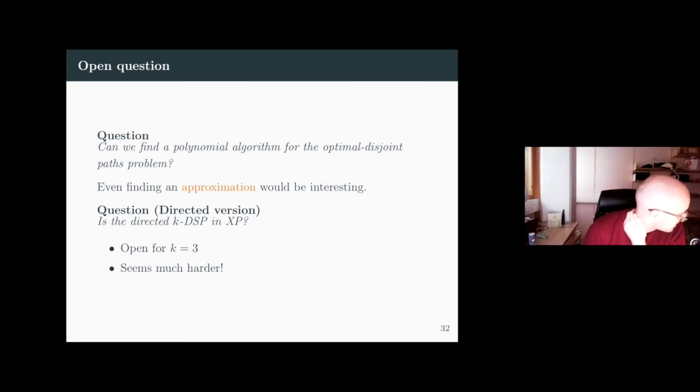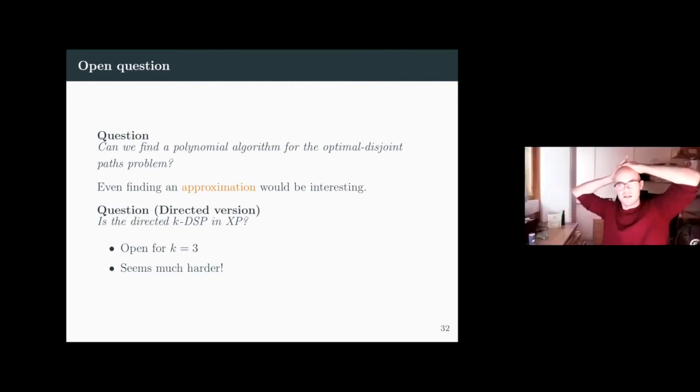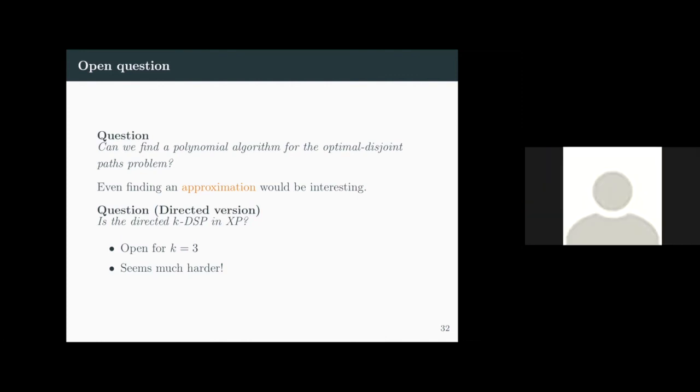That's a good question, but I don't know if their reduction is XP. So they reduce it somehow to a planar directed disjoint paths problem, right? Yes. And if I remember correctly, this is FPT.